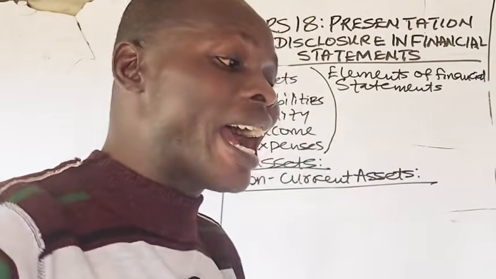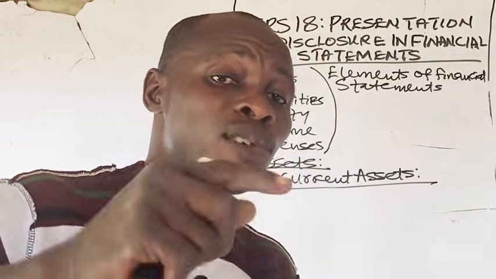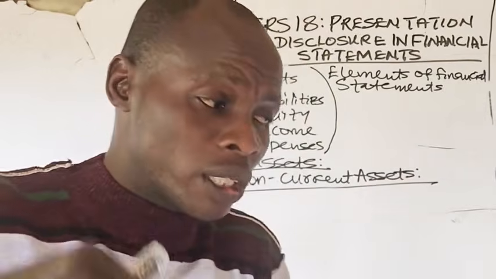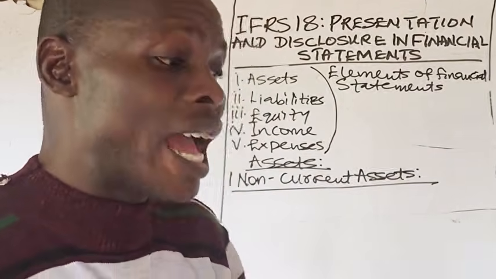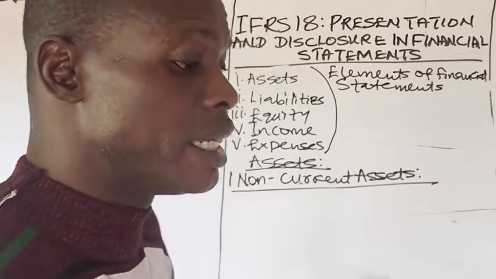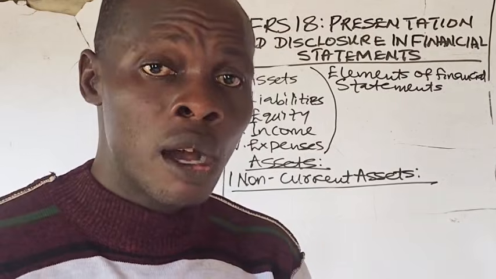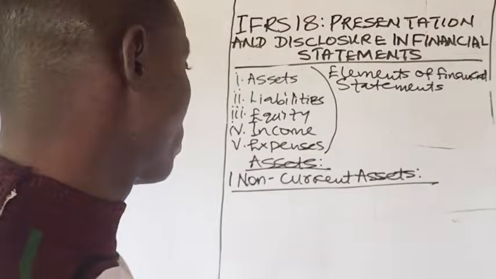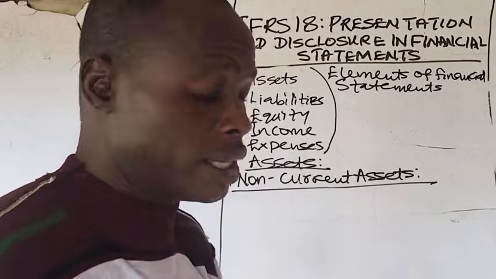Number two feature, they are held for use in the production or supply of goods or services or for administrative purposes. Those assets are said to be the non-current assets.